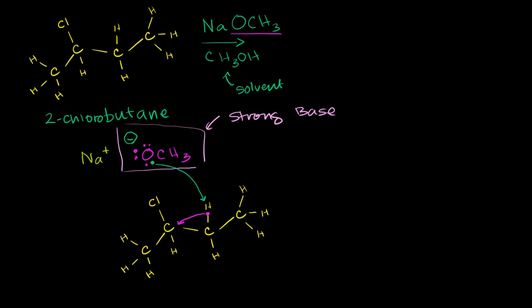The chlorine was already tugging on this electron the whole time. So all of this is happening simultaneously. When an electron becomes available to this carbon, this carbon doesn't need the electron anymore. The chlorine already wanted it, so now the chlorine can take the electron.